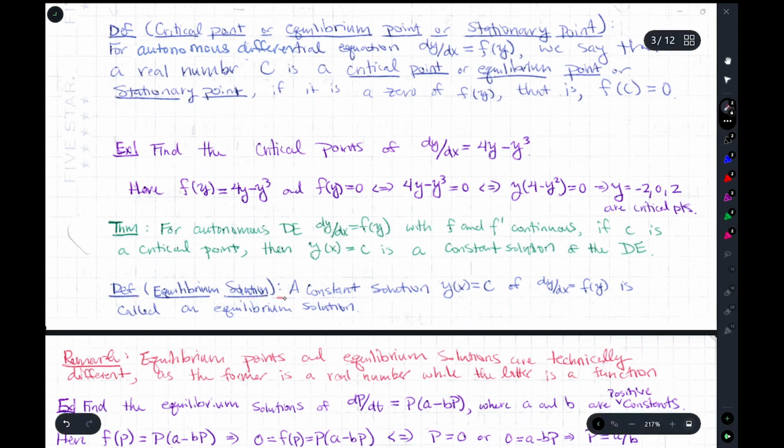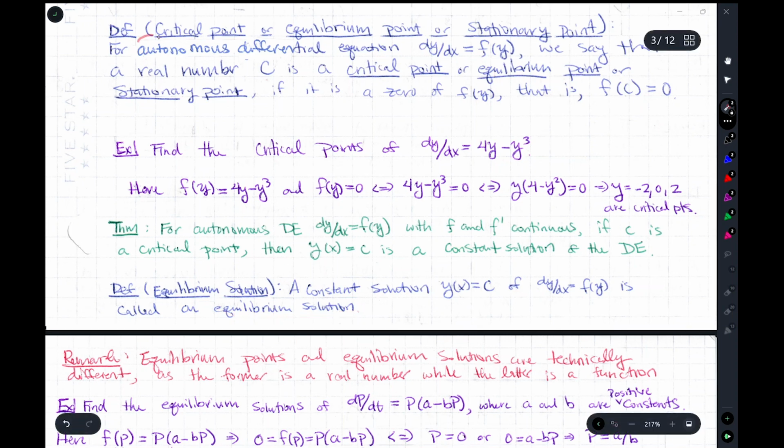Definition: an equilibrium solution is a constant solution of dy/dx equals f(y) for an autonomous differential equation. So this is called an equilibrium solution. Nothing's changing. Our system, which we could represent as a solution y of x, is constant, and so it's in equilibrium.